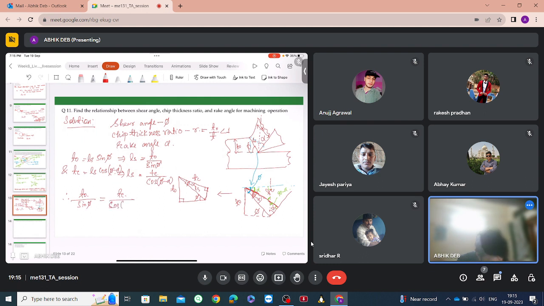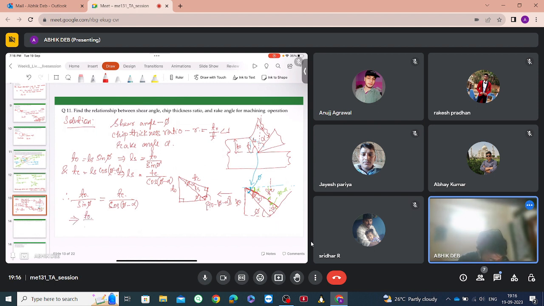cos phi minus alpha. If we had used the other angle, this angle will be 90 minus phi minus alpha. If we had used the sine rule, this would be sine of 90 minus phi minus alpha, and hence it will come as cos of phi minus alpha, and that is how the sine rule can also be used.